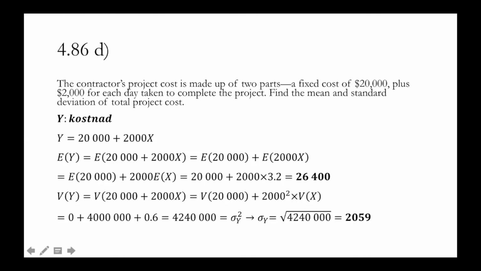So we take the variance of the fixed cost and the variance of the cost of each day, and we know that the variance of that fixed cost will be 0, and so the variance of the cost per day will then be 4,242,000.